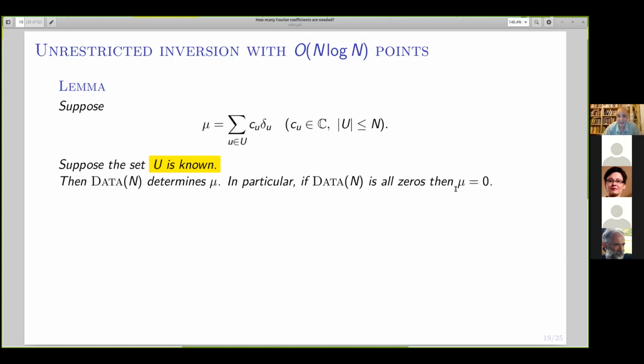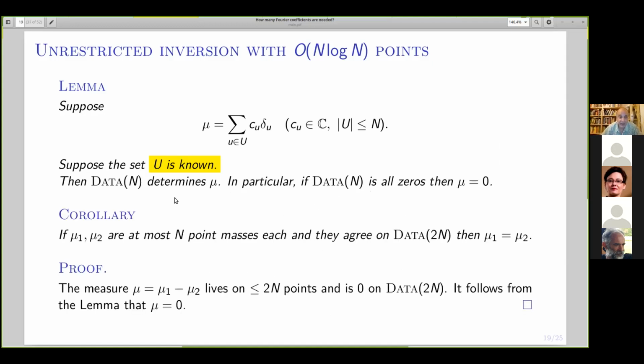And why is this enough? Since we don't know u, same trick again, we double everything. So if you have mu1 and mu2 with at most n point masses, and if they agree on data 2n, then these are equal. Why? Because the measure mu1 minus mu2 lives on 2n points. And if you evaluate the Fourier transform of this measure on this set, by the lemma, if you read all zeros, it has to be the zero measure.